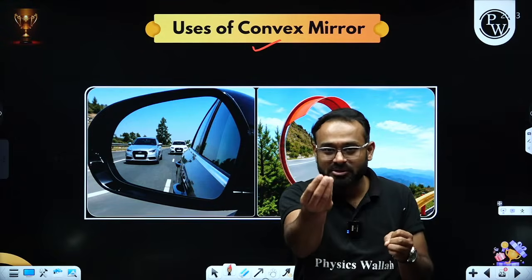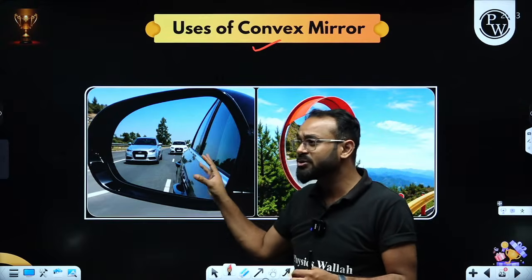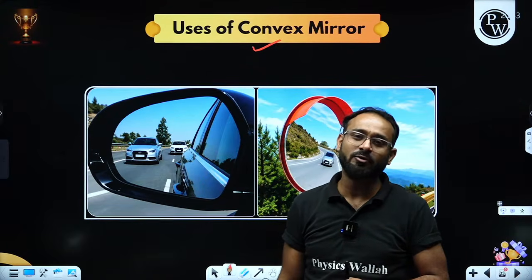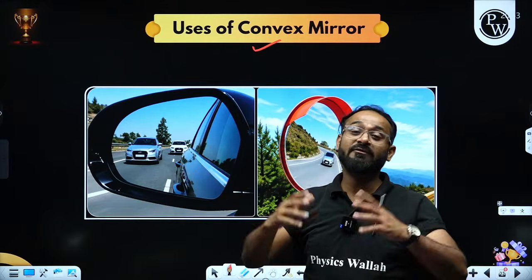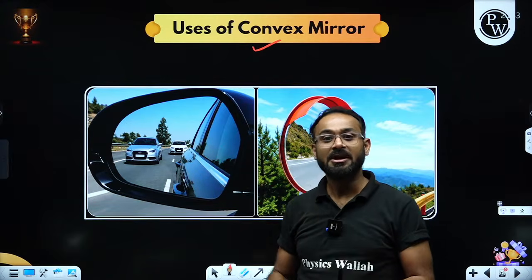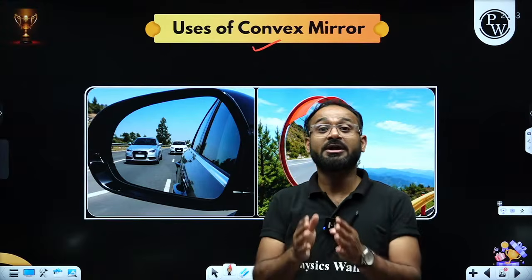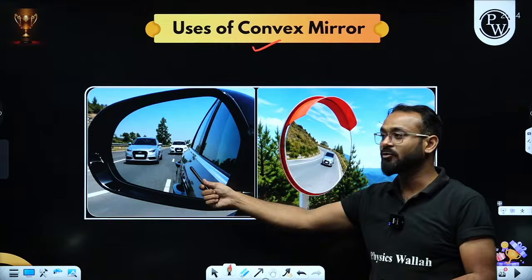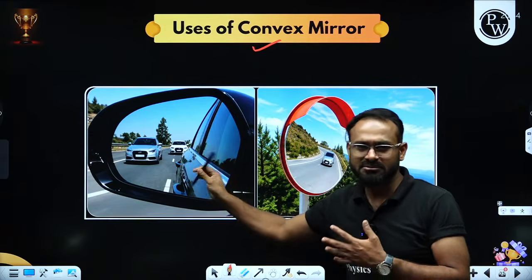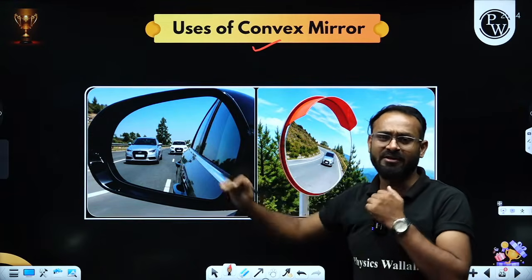This question has been asked in the board examination: why do we use a convex mirror as a rear view mirror, or which mirror will be used as a rear view mirror and why? The answer is quite simple. It gives us a smaller image and covers a wide range. This is why we use a convex mirror as a rear view mirror.